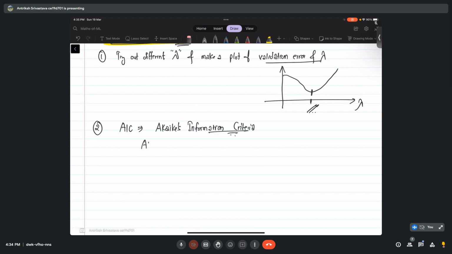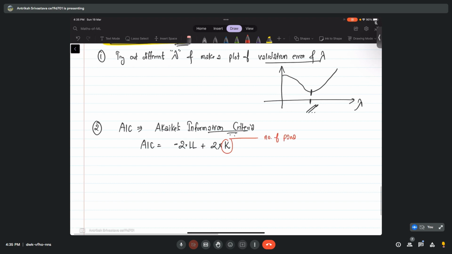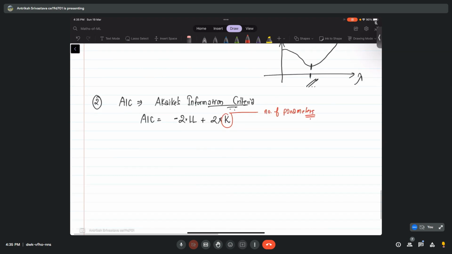So this is calculated using the equation minus 2 times the log likelihood plus 2 times the number of parameters, that is shown by k in the PPT. So the number of parameters including the bias also, and L is the log likelihood. Okay, sorry.